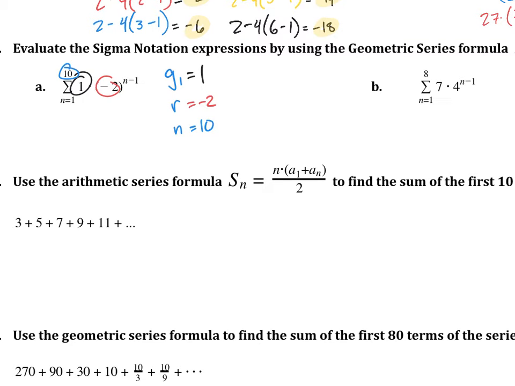we're adding together. So then to get our answer, we do Sn equals, well, G1 is 1 times 1 minus our R is -2 to the N is 10, divide the whole thing by 1 minus R. R is -2 again.